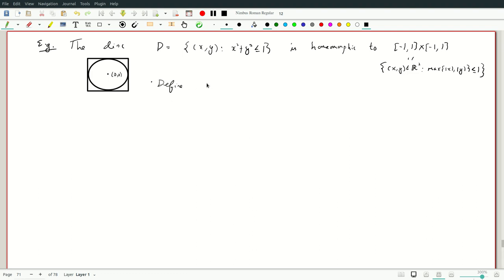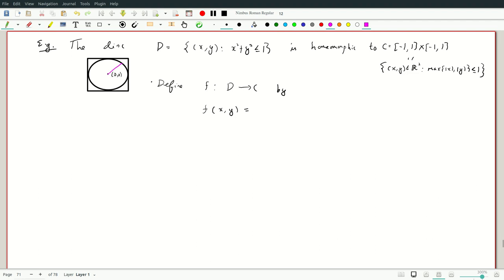So let's define f from, let's call this a b or c or something like that, or a cube D to C by, well, if I took the point (x, y), now if it was actually on the circle, then I want to map it onto a square. And what we do is we'll simply map in the same direction.